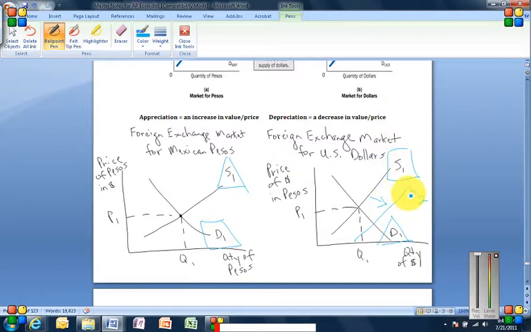So supply goes right over there, demand goes right over here. And then of course any arrows you need to show change, you need to add, along with new labels like you would in any other market. We've done this all before.